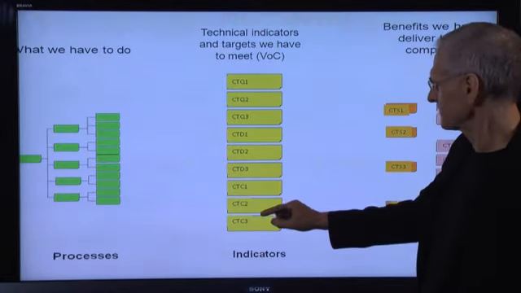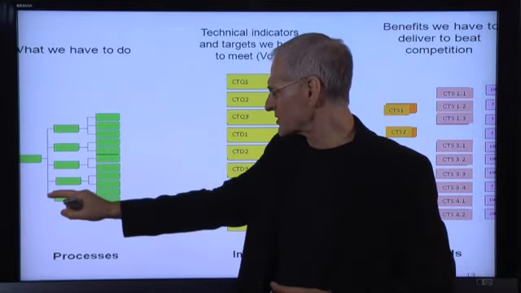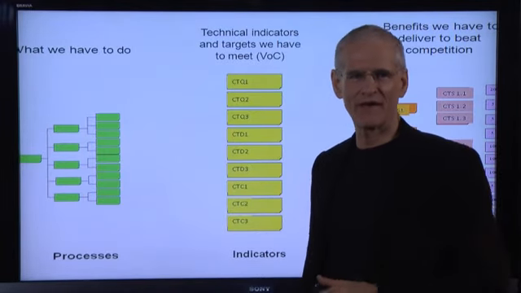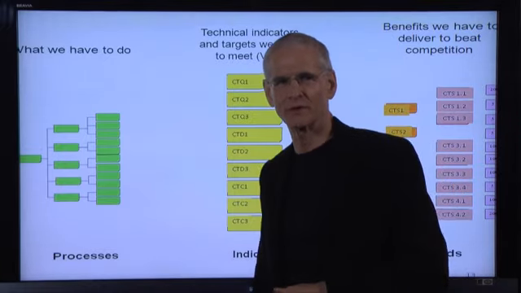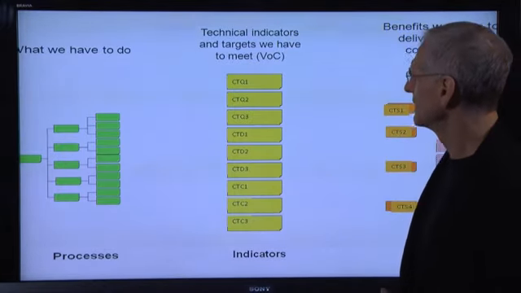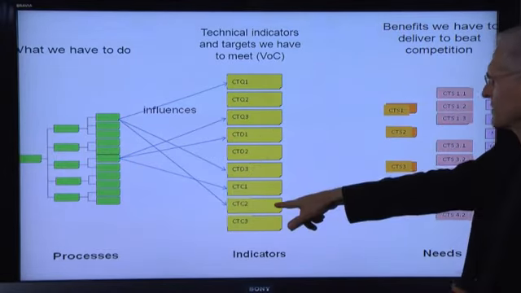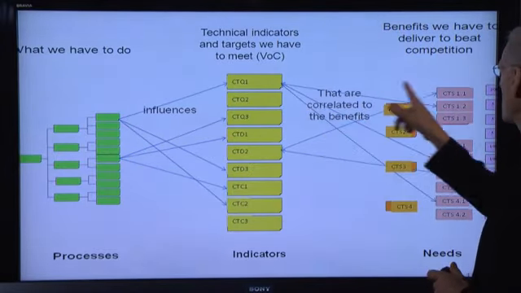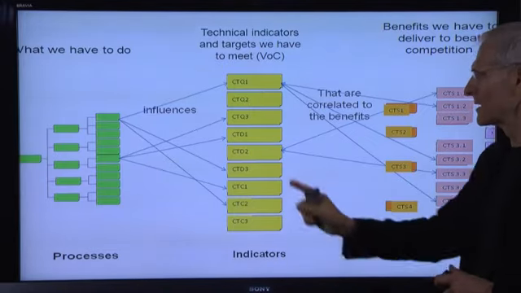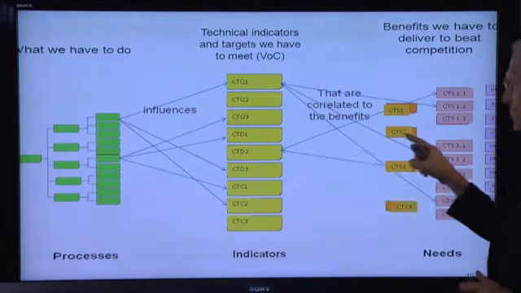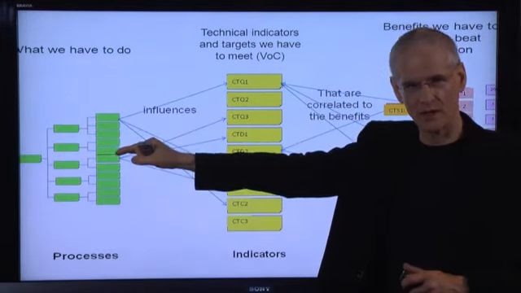The metrics and the processes. The processes here are represented by a FAST diagram. Again, I refer you to another video on that. What you do, your processes, impact the metrics, and the metrics are correlated to the vital customer needs.